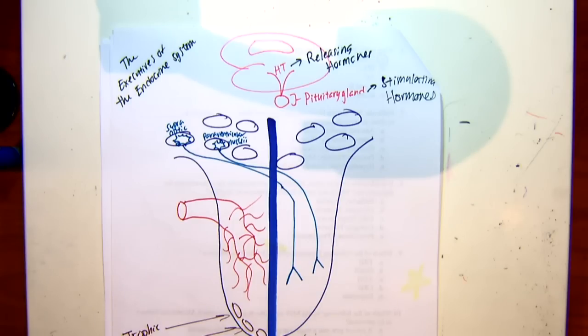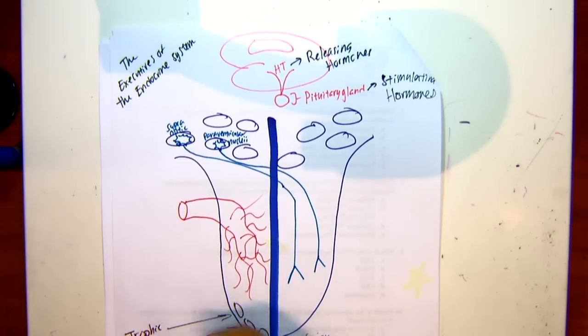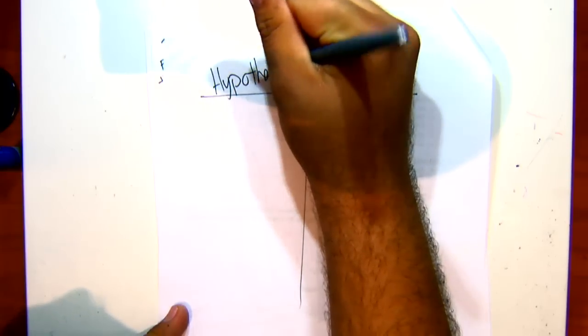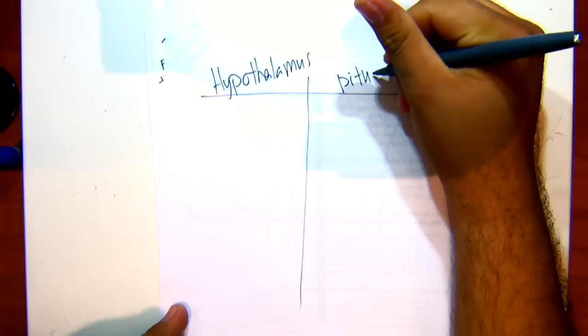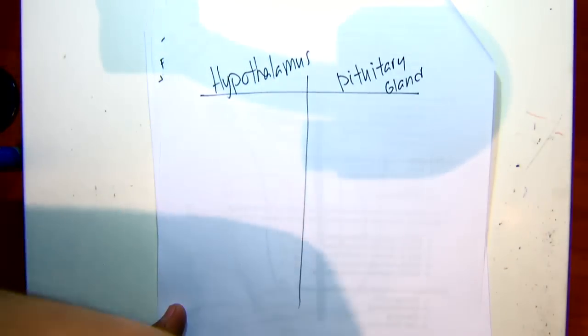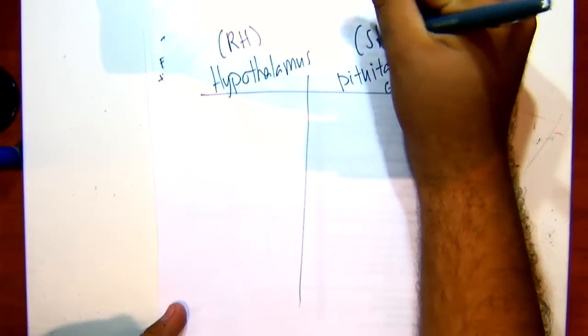So the first hormone we have is growth hormone. Let me do a separate page. So this is our hypothalamus, and this would be our pituitary gland. These are our releasing hormones, and these would be our stimulating hormones.